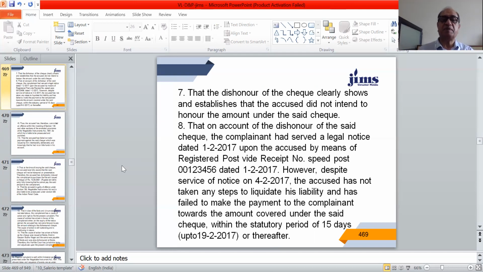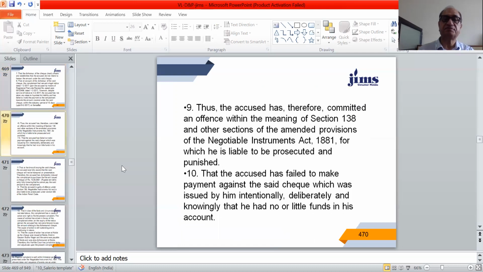However, despite service of notice on 4th Feb 2017, the accused has not taken any steps to liquidate his liability and has failed to make the payment to the complainant of the amount covered under the said check within the statutory period of 15 days, that is, up to 19th Feb 2017, or even thereafter.